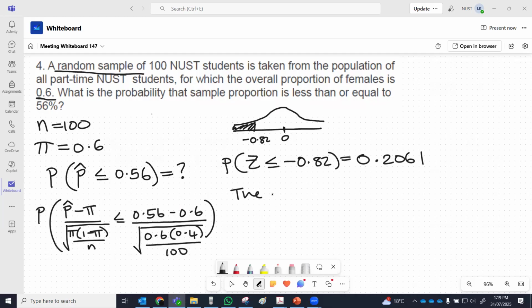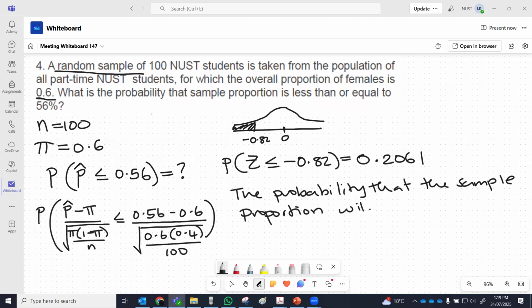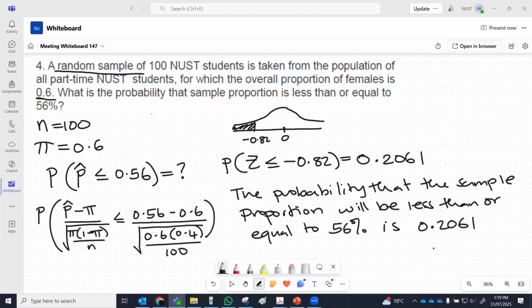And then the last thing is to just write a sentence answering the question. We say that the probability that the sample proportion will be less than or equal to 56% is 0.2061, or you can write it as 20.61%, either one.